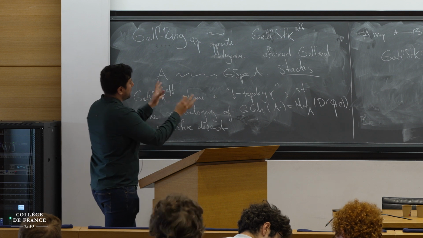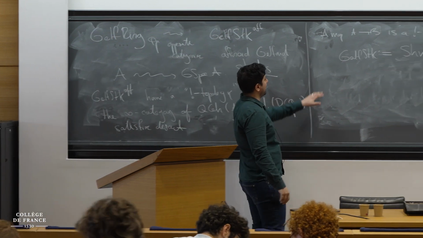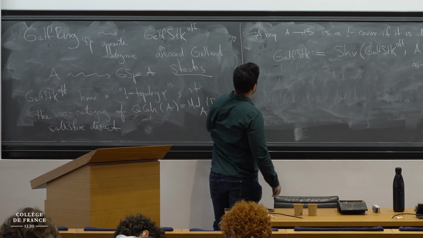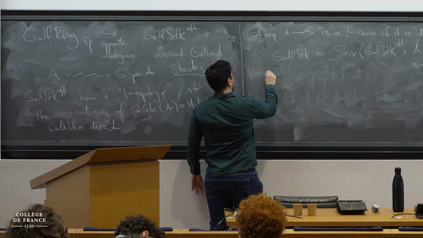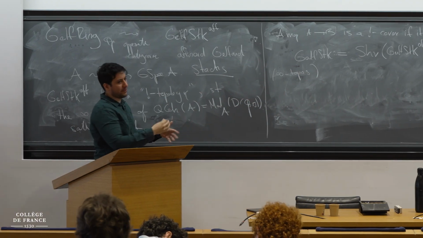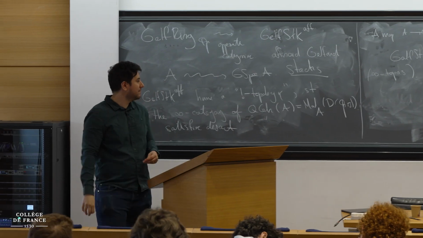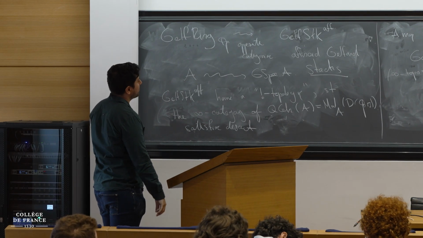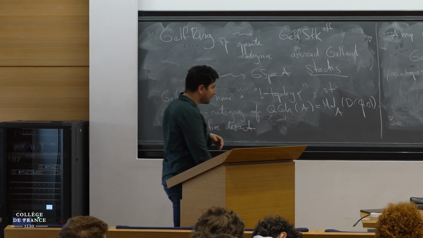But once you are there, then you're maybe better off because at least you have some kind of nice category, which is even an infinity topos. So in particular, you can just take truncated objects and so on and deal with it as if it was a topos in the more usual sense, and then you can start doing geometry with this category.